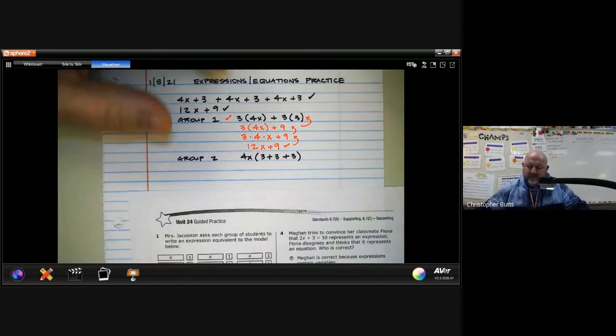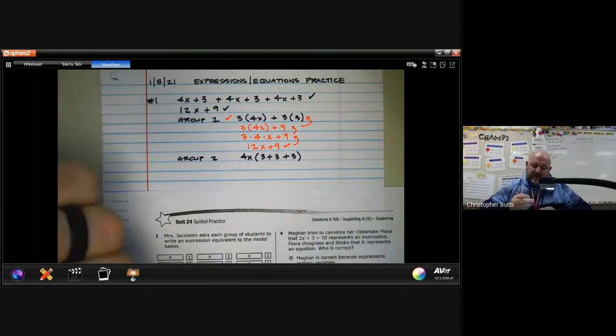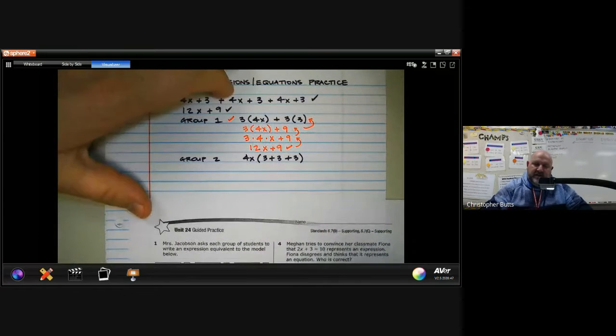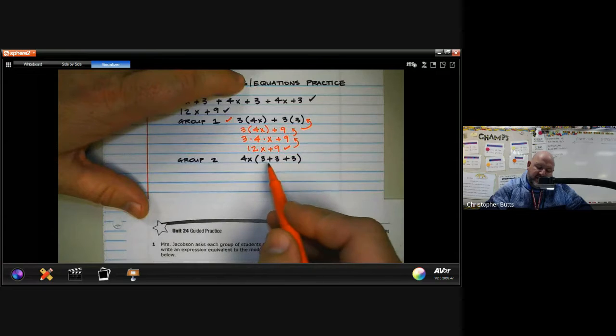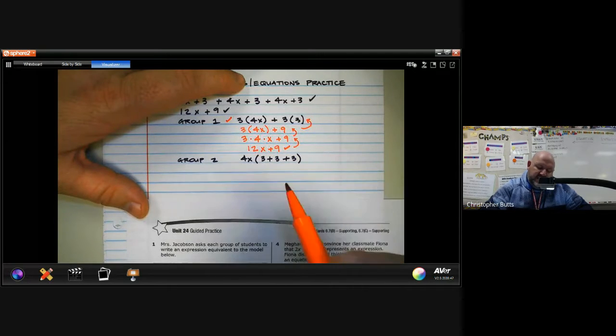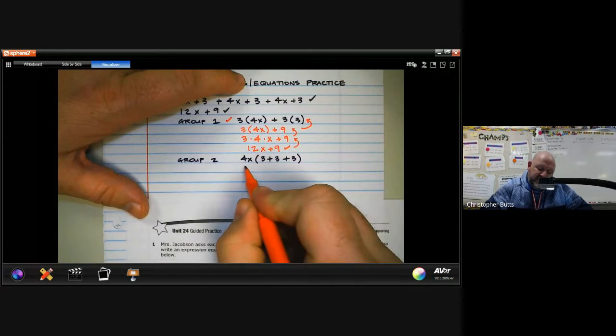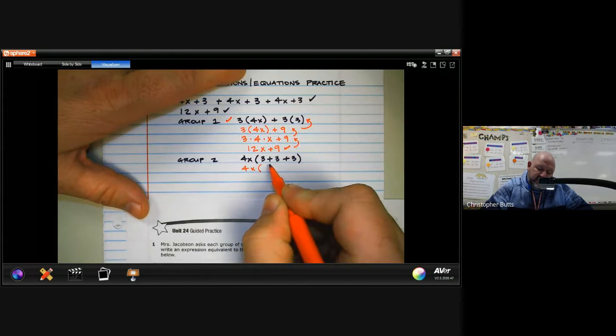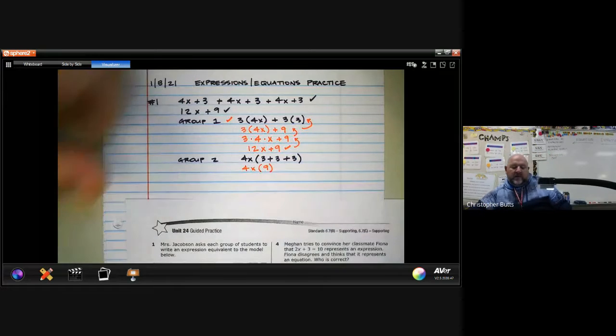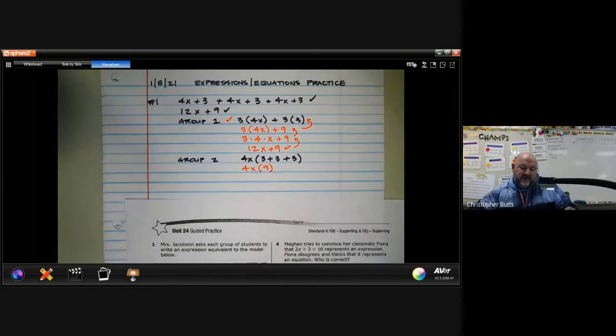Okay? If we were to follow the order of operations, we can solve a little bit of this, not all of it, but we can look inside the parentheses, and we can say, well, 3 plus 3 plus 3 is 9, so this has got to be equal to 4x times 9. And here's where I see a huge mistake.